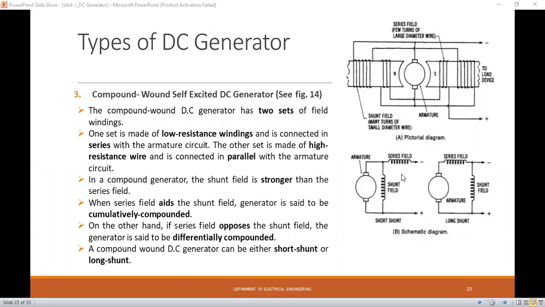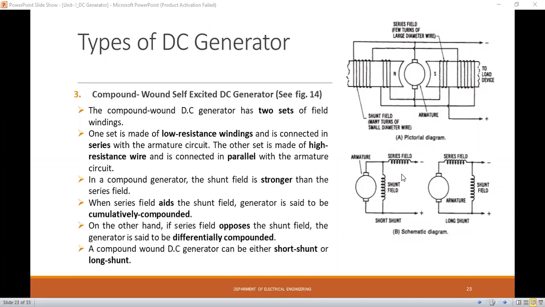Look, long shunt and short shunt. What is meant by long shunt and short shunt? That is when the shunt field winding is connected in parallel with only the armature winding, then it is called short shunt.